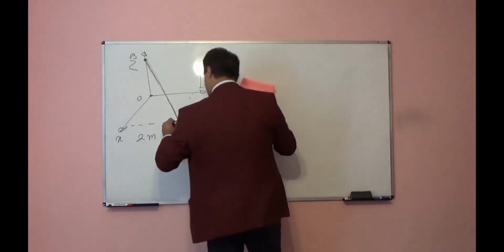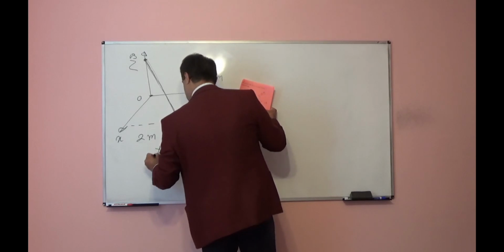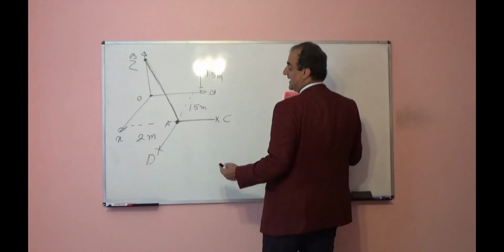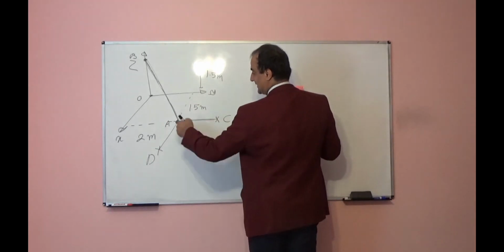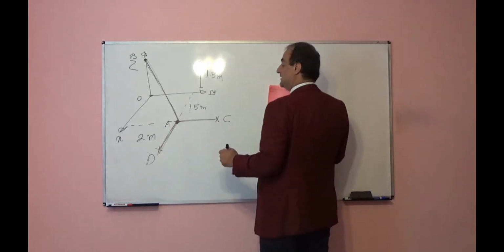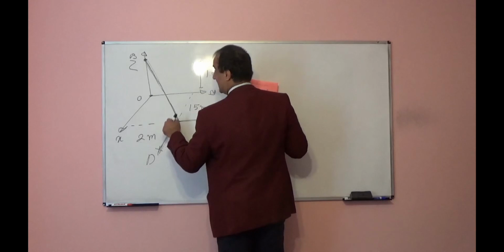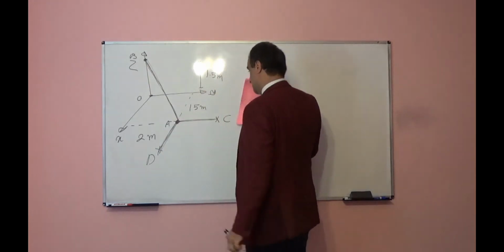I have another rope here in this direction, AD. So I have 3 ropes. One of them is parallel to the Y direction, another parallel to the X direction, and another one attaches point A to point B, and you see the point A coordinate and point B coordinate.